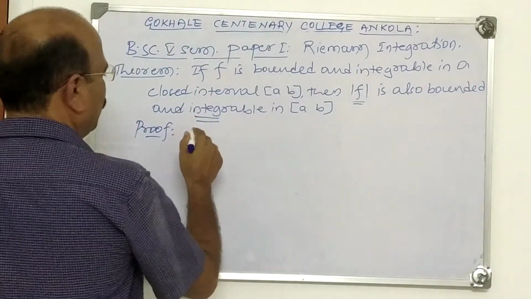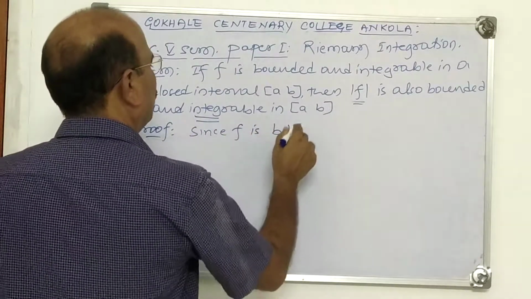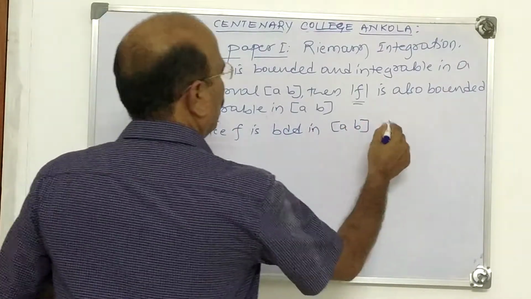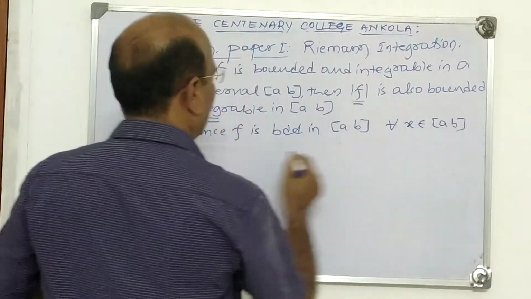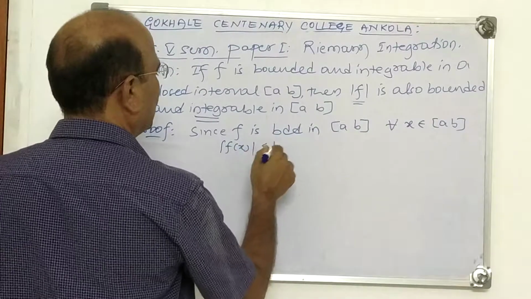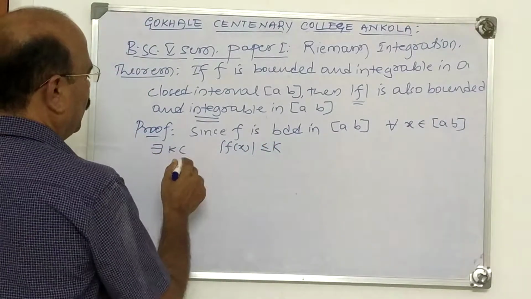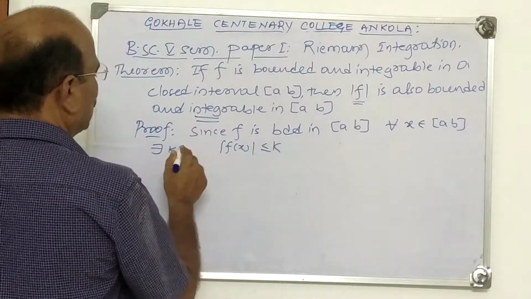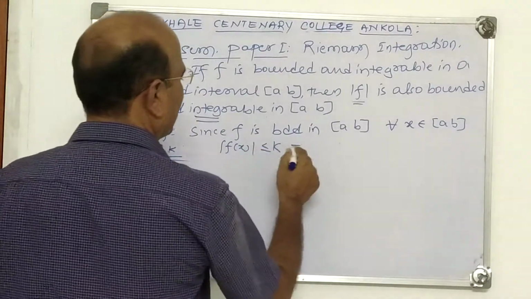Now what is given? Since f is bounded in AB, for all x belongs to AB, there exists a positive integer k so that mod f(x) is less than or equal to k.